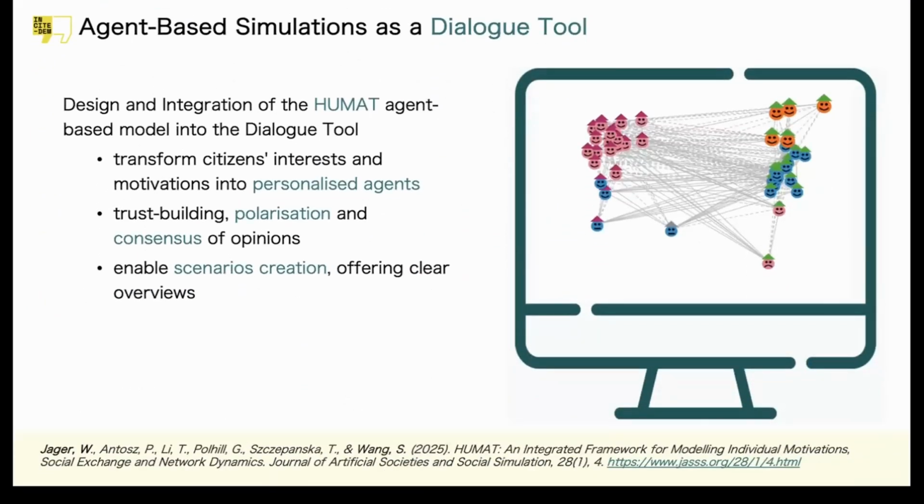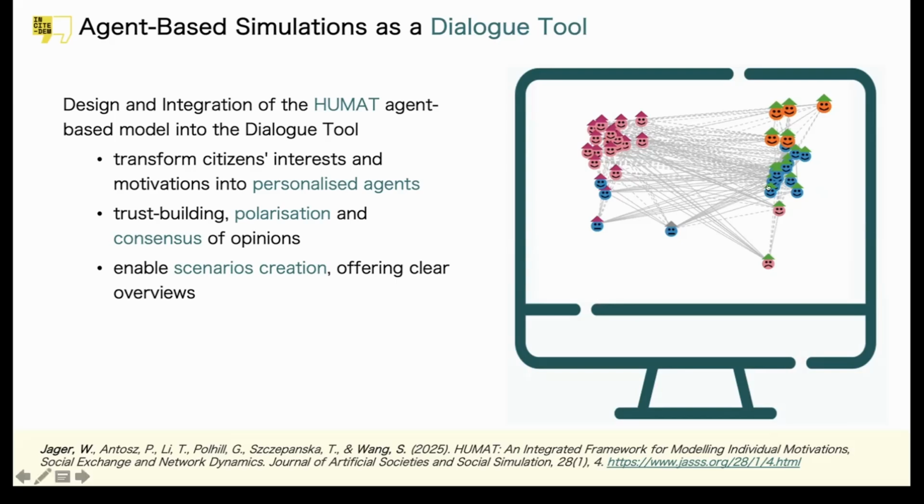So we want to use these agent-based simulations as a dialogue tool, stimulating real dialogues between people that are dealing with practical problems. For that, we implemented a modeling framework called HUMAT into the agent-based models underlying this dialogue tool. This HUMAT framework supports a simulation of a community. To realize that, we have to transform real citizens' interests and their motivations into personalized agents.